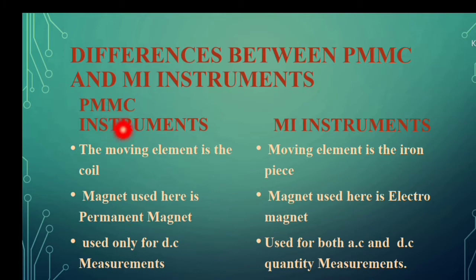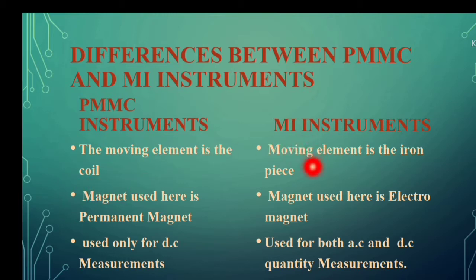The PMMC instruments, that is the permanent magnet moving coil instruments, are meant for measuring the DC values of currents and voltages, whereas the MI instruments are meant for measuring both AC and DC values of currents and voltages.